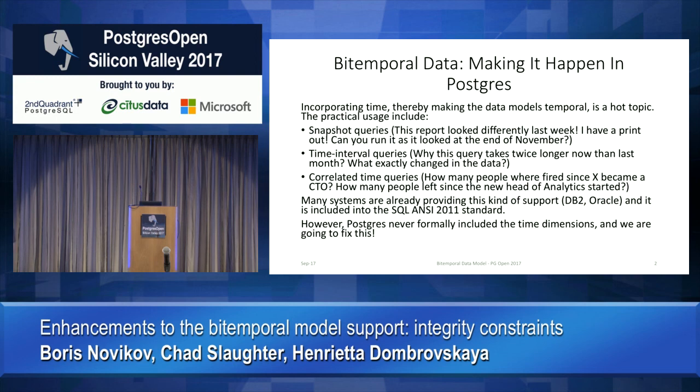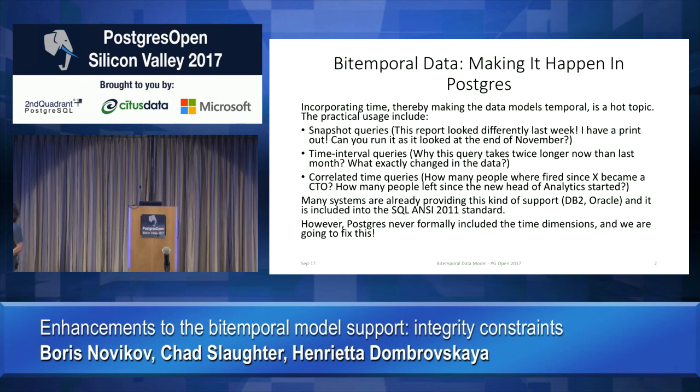This report looked different last week. Last week I ran exactly the same report with the same parameters and it looked different. What happened? What changed? Can we run this report exactly as it looked a week ago? That's called the snapshot query: running a query as if we ran it a week ago, a month ago, last quarter, etc. Then the time interval queries, where we need to know what happened through time.